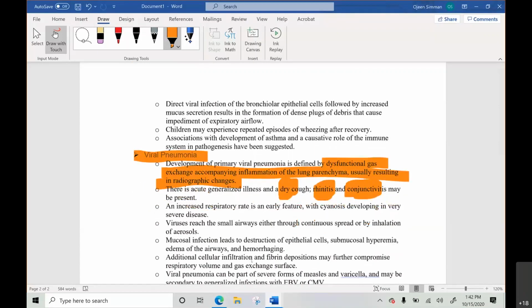How do viruses reach the small airway? They reach it through continuous spread or by inhalation of aerosols or respiratory droplets, which is what happens with the coronavirus. After that, the mucosal infection will destroy the epithelial cells.